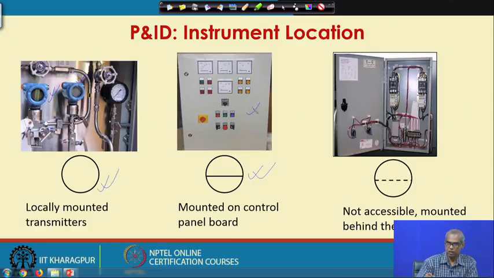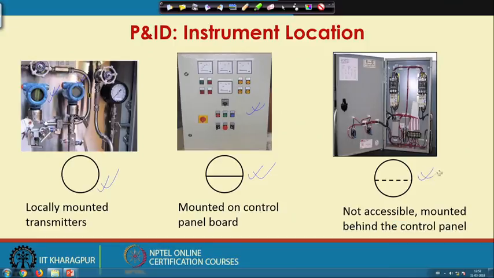So, this is a control panel board, whereas this indicates the transmitter is not accessible to the operator because it is mounted behind the control panel, and this is shown in this image.